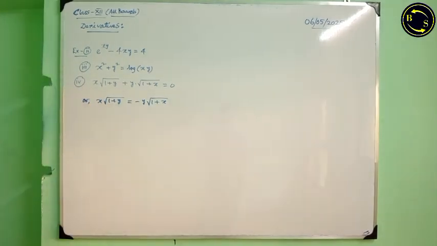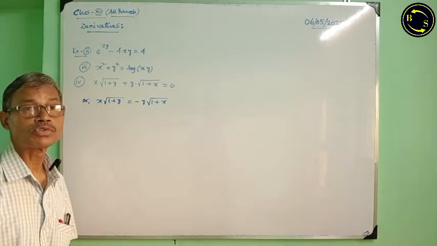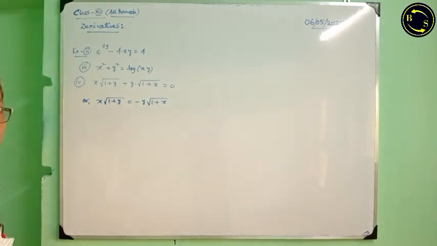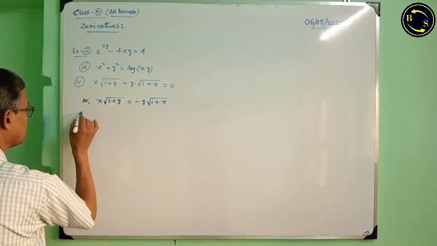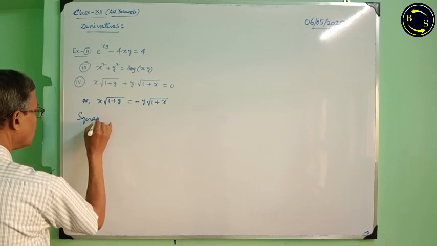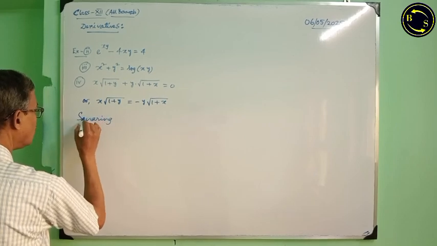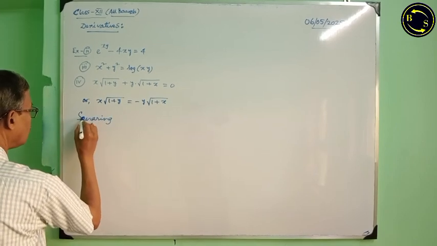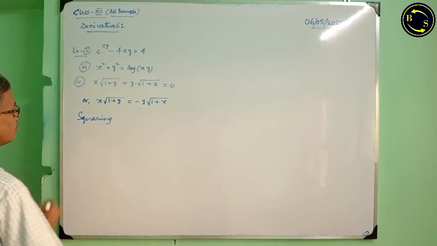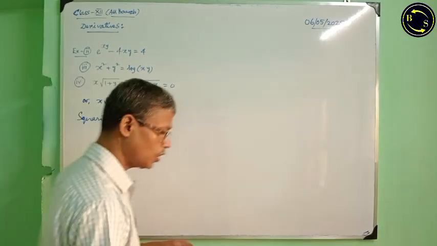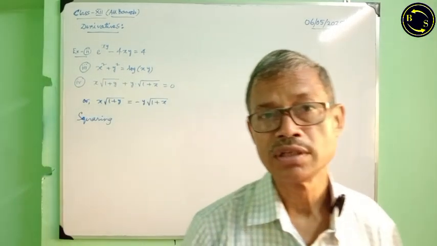Now on both sides we find there are square root symbols. Therefore, to remove that, we square both sides first. Squaring, or you can write squaring both sides.